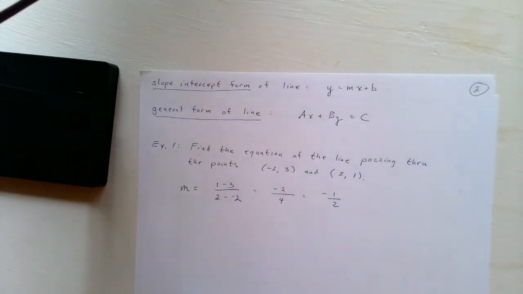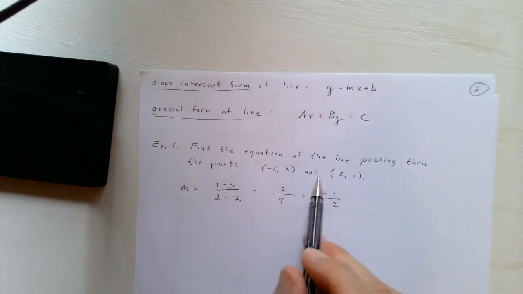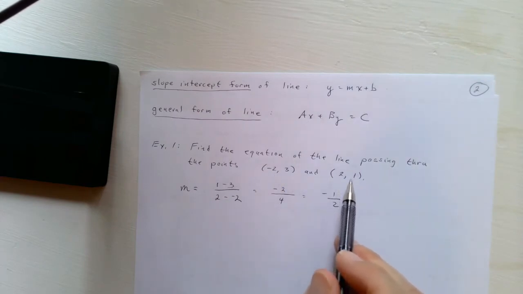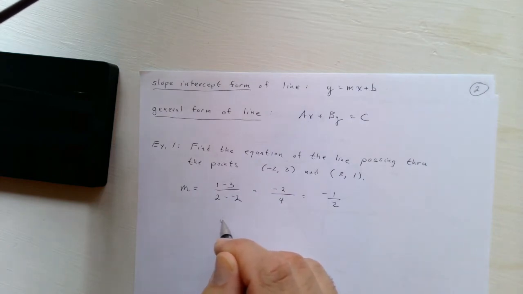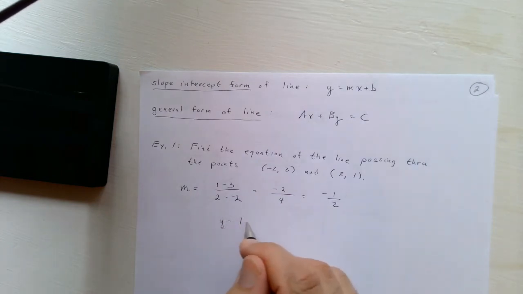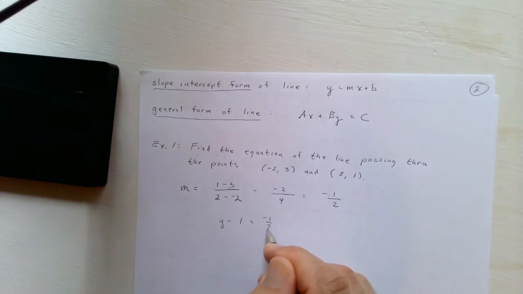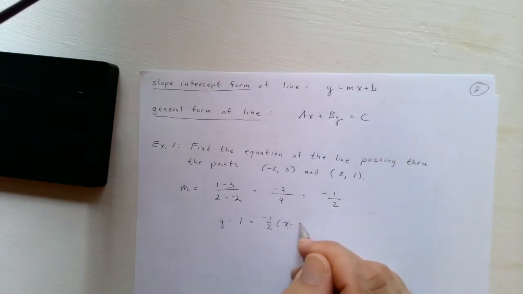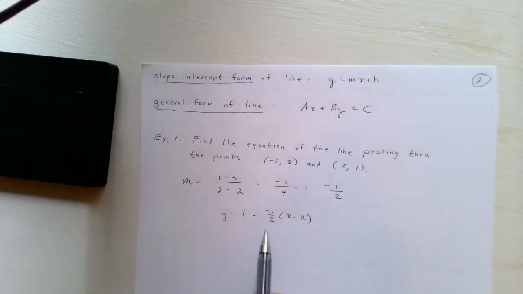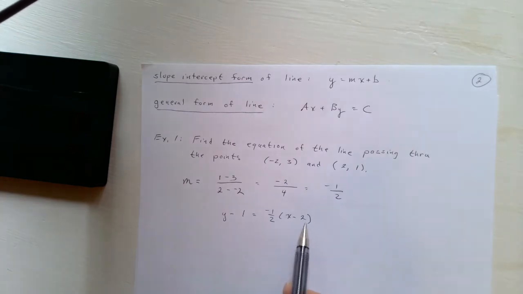Now, to find the equation of the line, we can go to our point-slope form and just pick one of these points. I'll pick (2, 1), and then we'll have y minus our y coordinate equals our slope times x minus the x coordinate. So we have y minus 1 equals -1/2 times x minus 2.